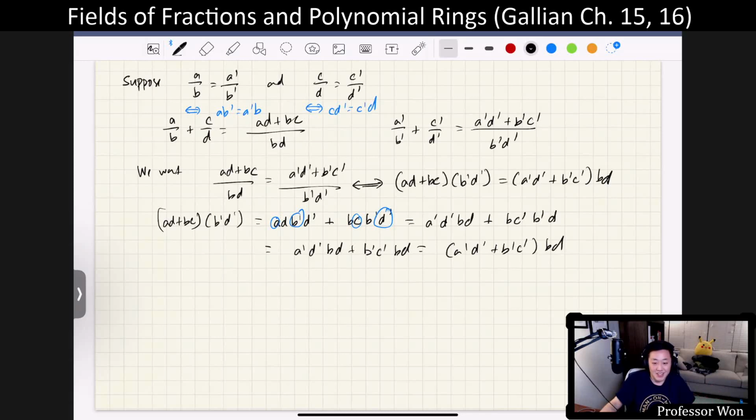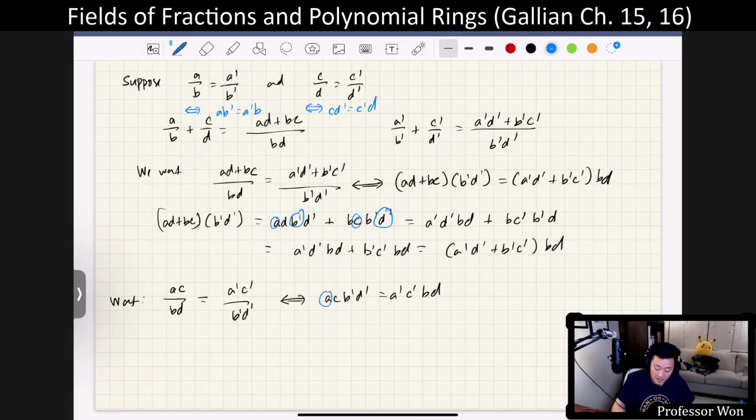Now we should show that multiplication is well defined. We want to show that AC over BD is equal to A prime C prime over B prime D prime. This happens if and only if AC B prime D prime is equal to A prime C prime BD. Now we just make use of this twice.